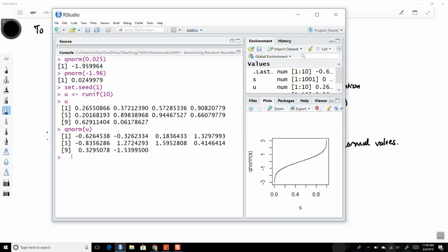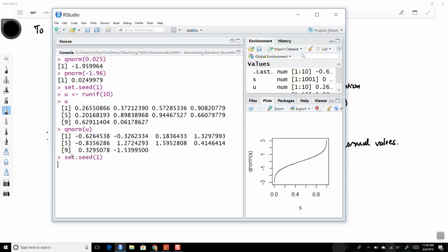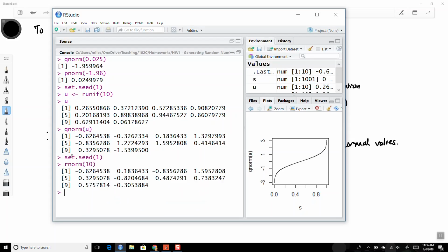To show you that this is kind of what R is doing, I'm going to go back and set.seed(1), and use R's regular random normal function, rnorm, and ask for 10 values. What we see is that the first value it generates is indeed the same as the first value I got over here.